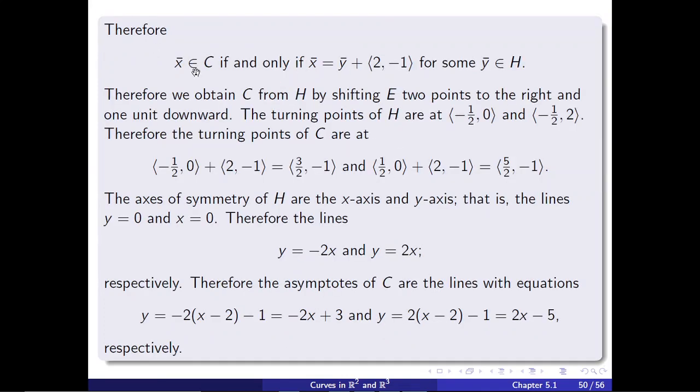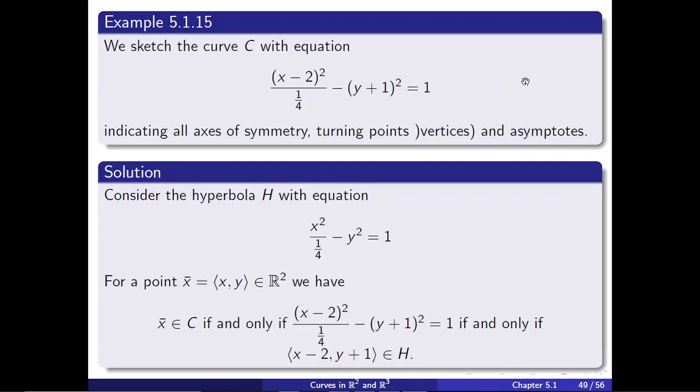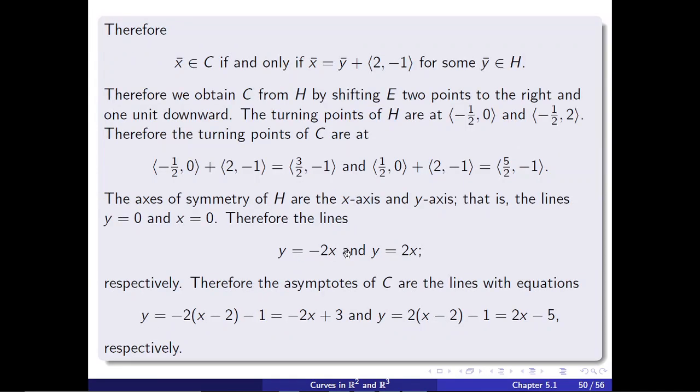And so x is in C if and only if x is equal to y plus (2, minus 1) for some y in H. And the H here is the one that is centered on the origin, right?